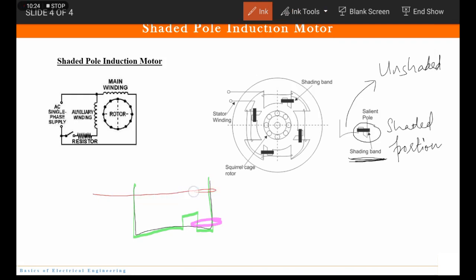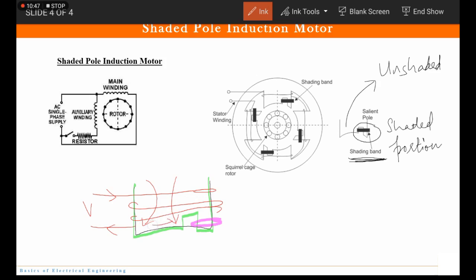And after this, we have winding here, and we give supply here. Got it? Now some supply is given, so the current starts flowing. So this develops the magnetic field or flux.